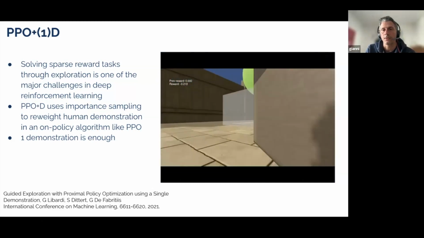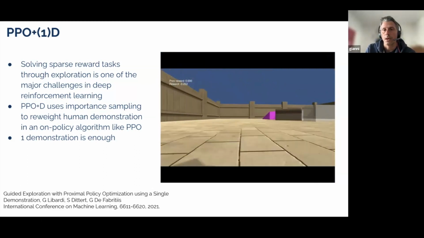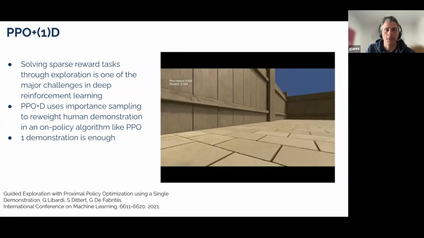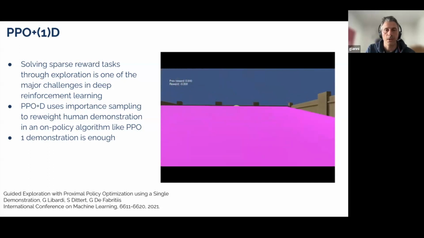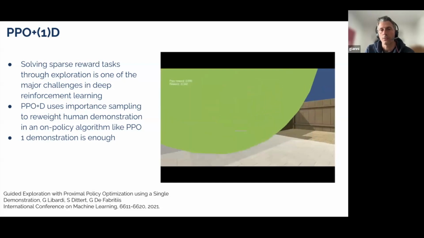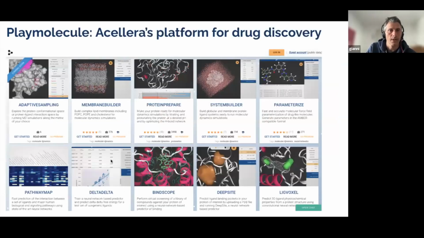It just sees this first-person point of view. And again, this was given just one demonstration, then just running this PPO plus D. It needed to move the box in order to be able to reach there. So it's impressive what PPO alone can do. And again, this is PlayMolecule with all the different kinds of environments that are available there.